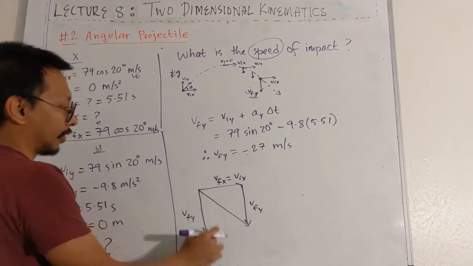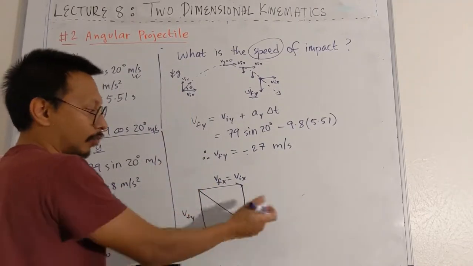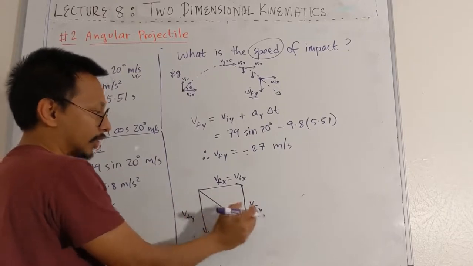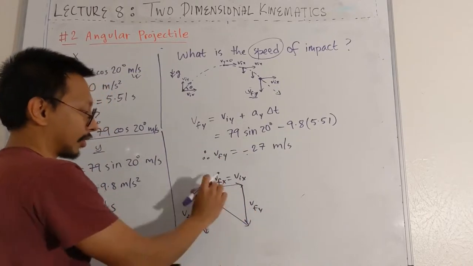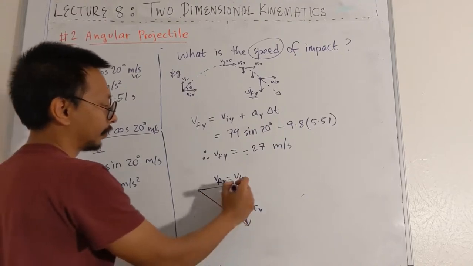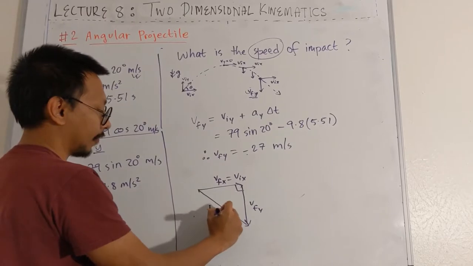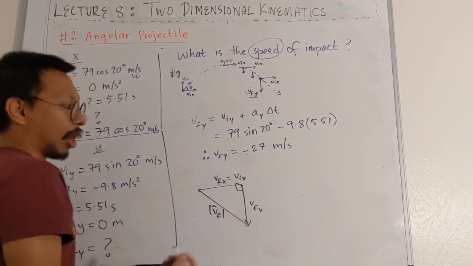And remember, any amount of straight lines you draw parallel to this Vfy would be the same. So this Vfy is the same as this Vfy. It doesn't matter at all. So this is my triangle, right angle triangle, and we want to find the magnitude of Vf. How do we do that?